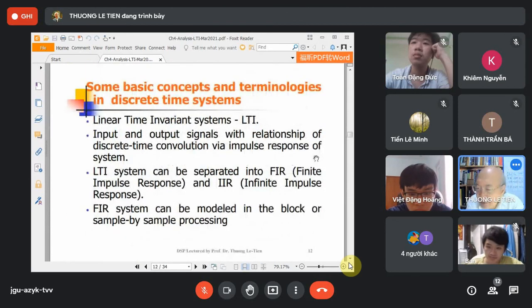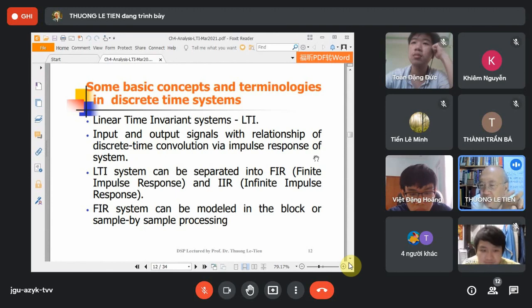LTI, I believe you hear the LTI terminology very often in a variety of courses. In Vietnamese, we just say tuyến tính, cái tính chất tuyến tính và bất biến theo thời gian.